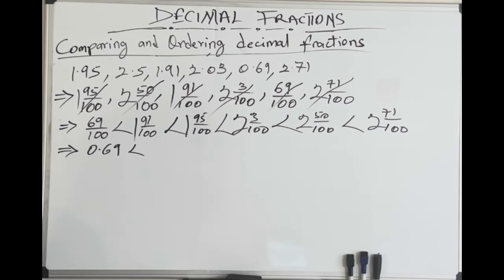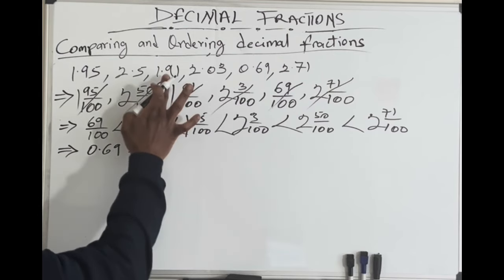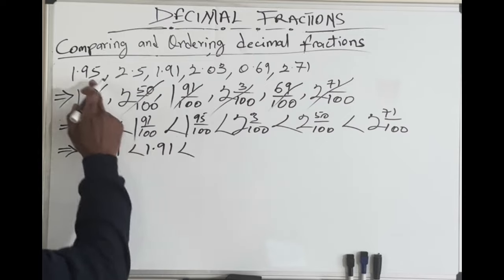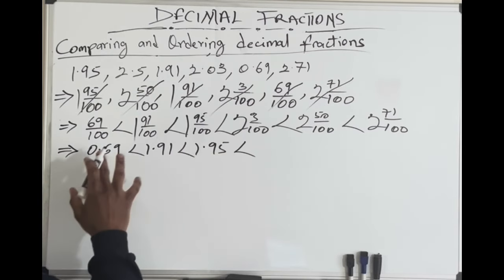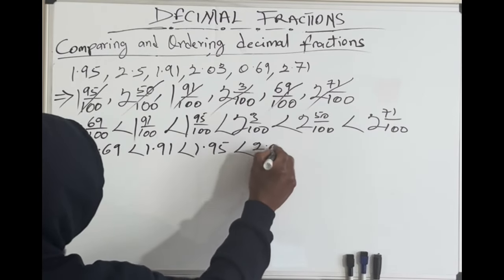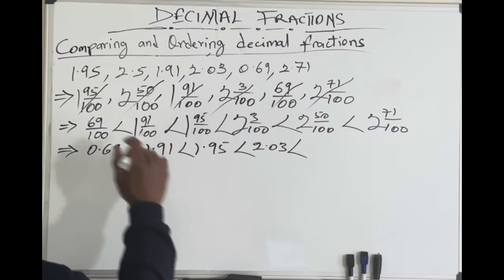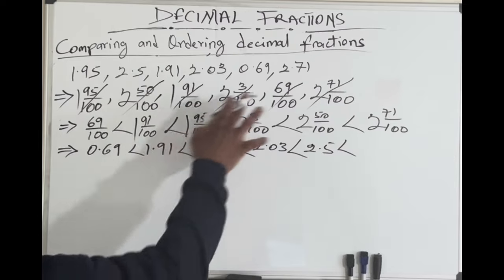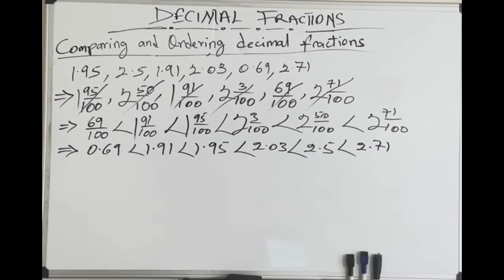It's less than 191, which is 1.91, less than 1.95, less than 2.03, less than 250, which is 2.5, less than 271, which is 2.71. So that would be our final answer.